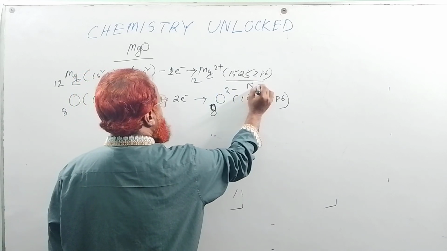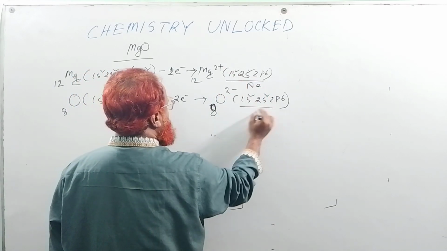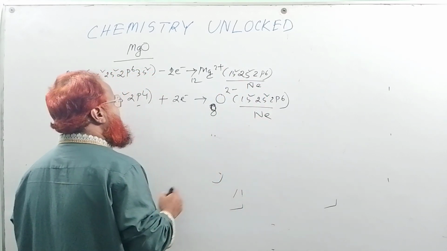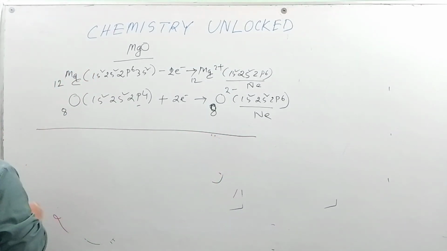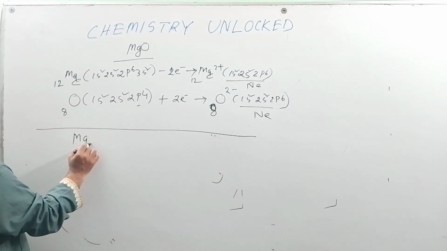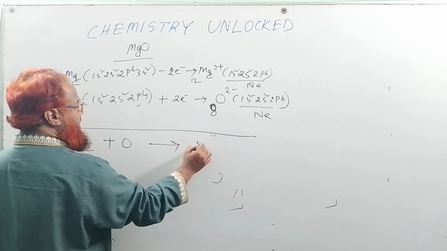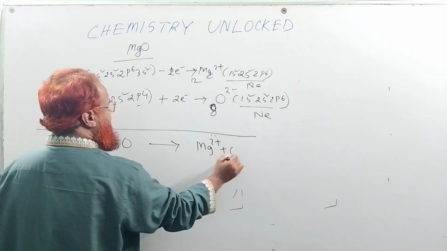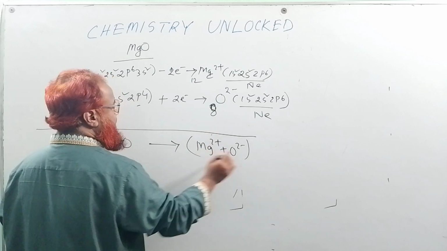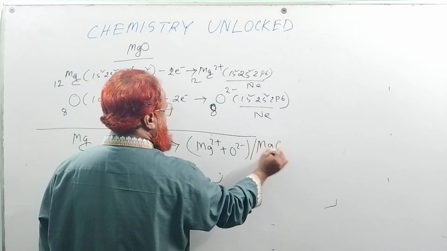So it will be similar to the electronic configuration of neon. Now magnesium plus oxygen will make magnesium cation and oxide anion, and we will get the compound magnesium oxide.